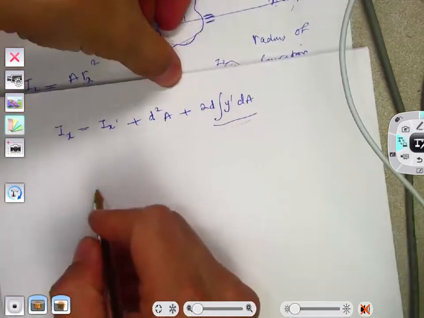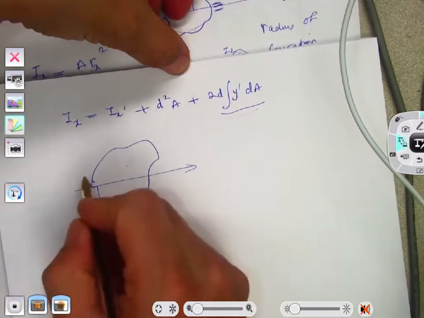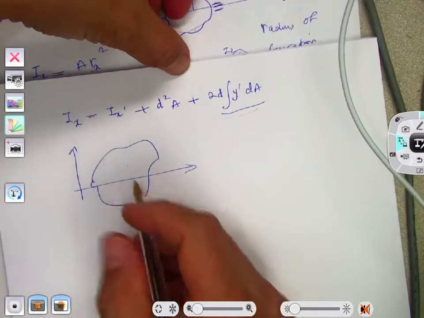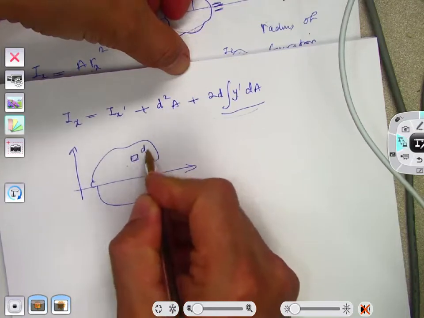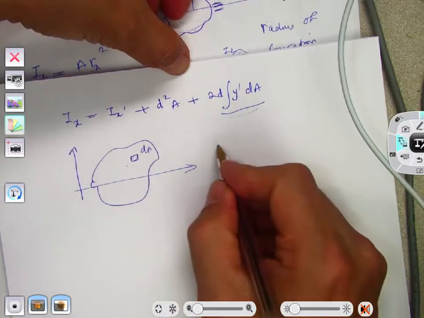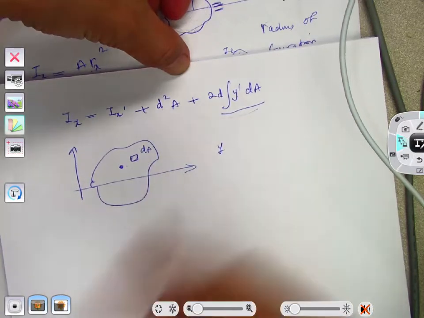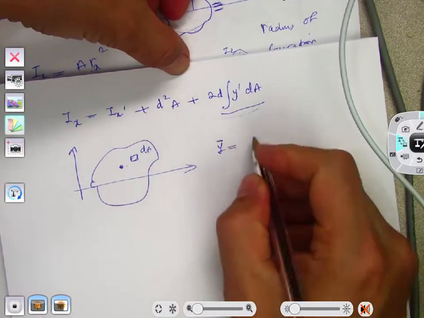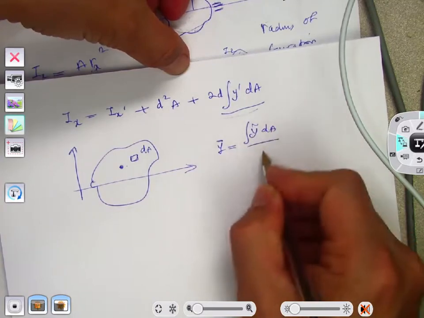So why is that? Because if you look at the formula we had for finding the centroid, it was this. If you consider dA like that, the location of centroid, let's say it's here, the formula was y tilde dA divided by area.